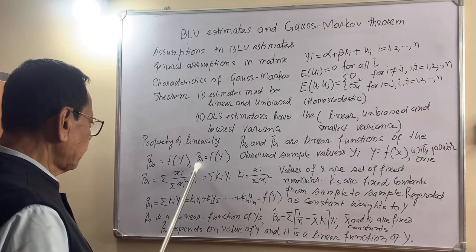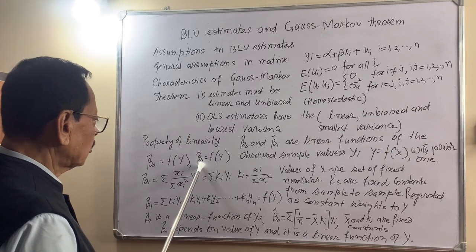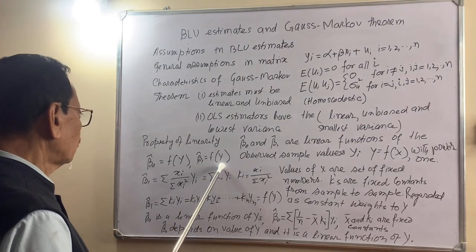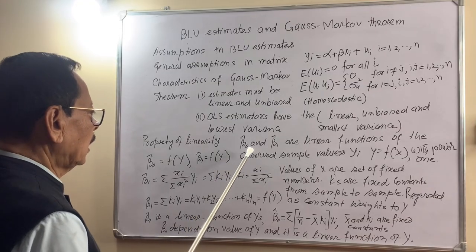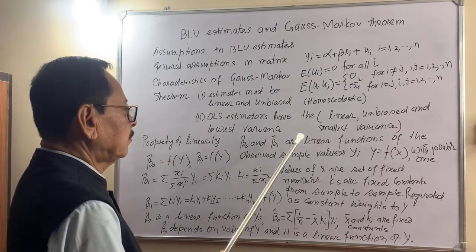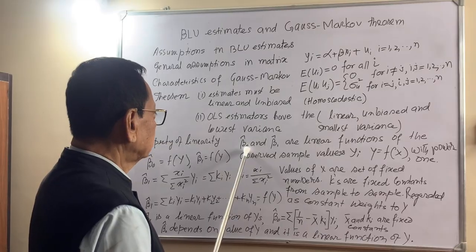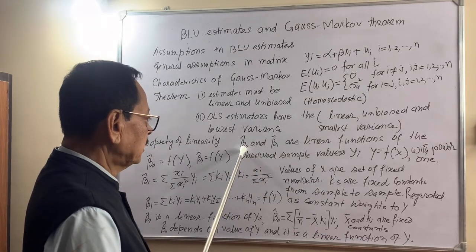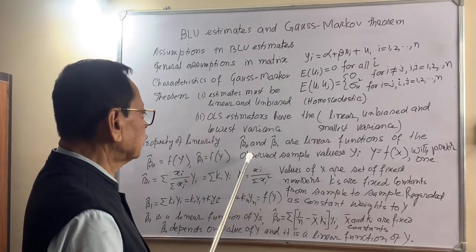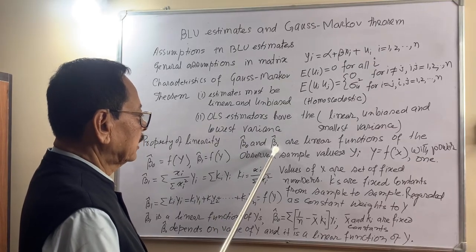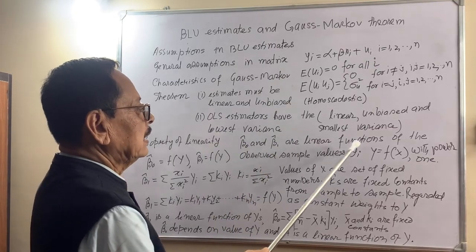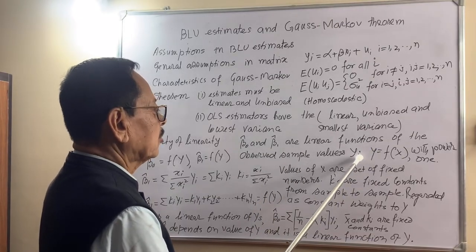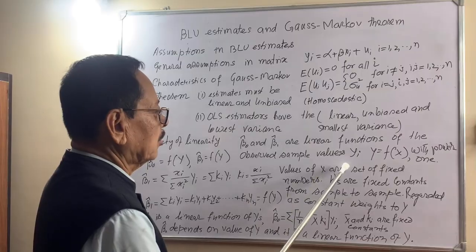Similarly, the estimated regression coefficient is a function of y. Estimated beta naught and beta 1 are linear functions of the observed sample values yi. As I said, it is a function of y.